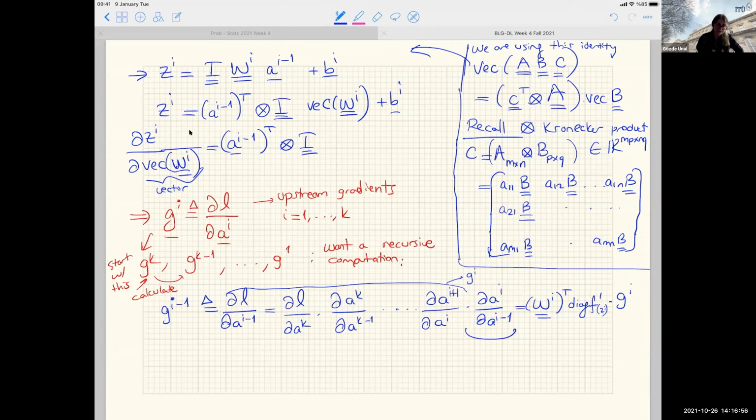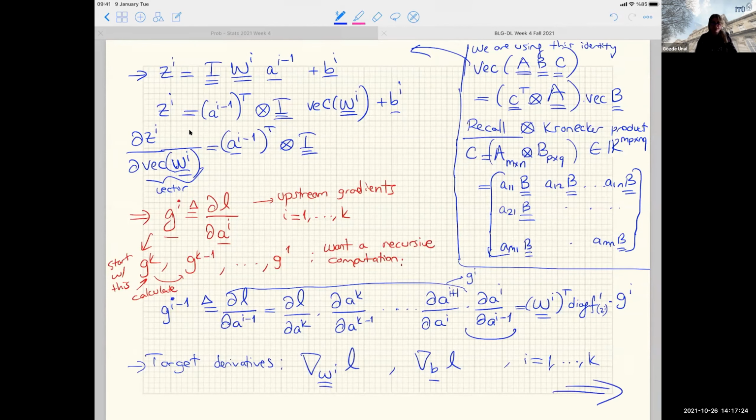Now my target derivatives, remember, are the derivatives of the loss with respect to all W_i and b_i, and I need them for all the layers.